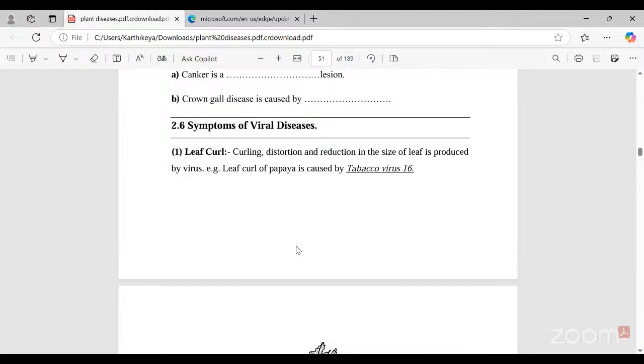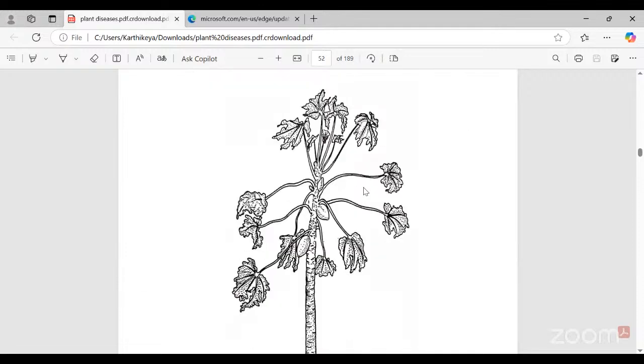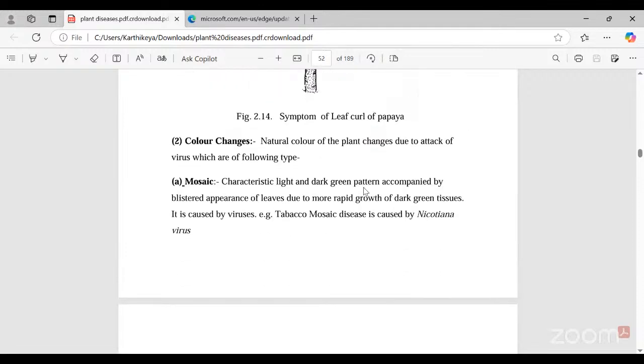Curling, distortions, and reduction in the size of the leaf is produced by virus. Leaf curl of papaya is caused by a virus. This is the symptom of leaf curl of papaya.